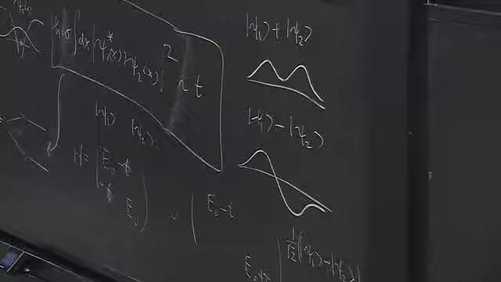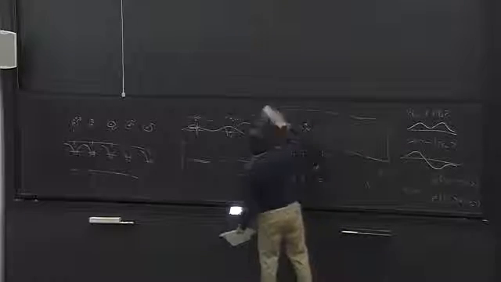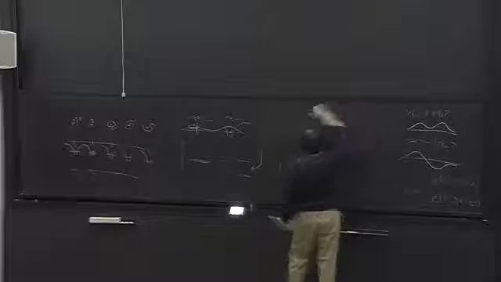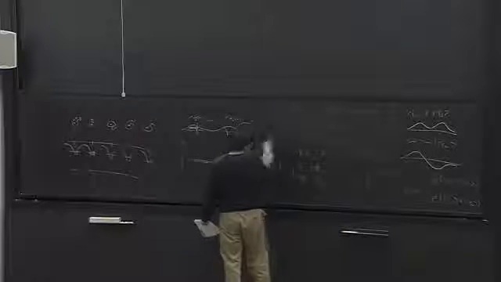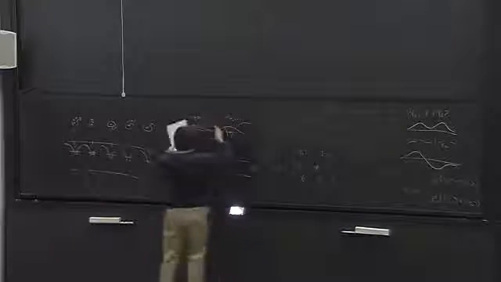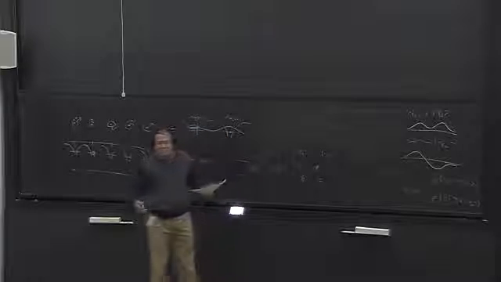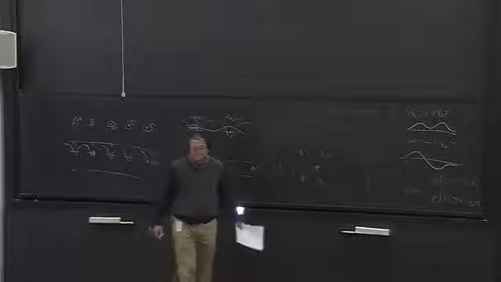So that's the picture. For the two wave function overlap is positive, we have a minus sign here. That is a little bit counterintuitive.